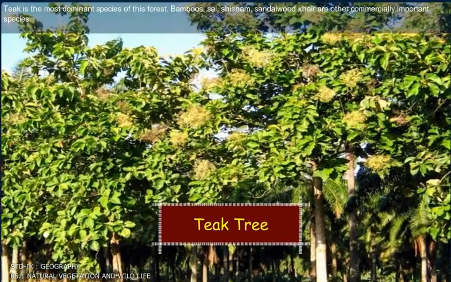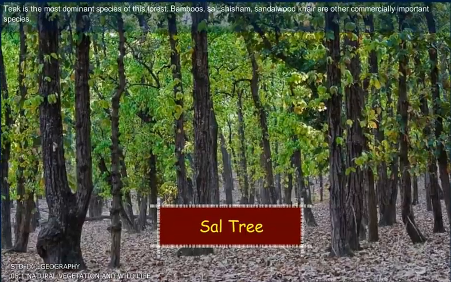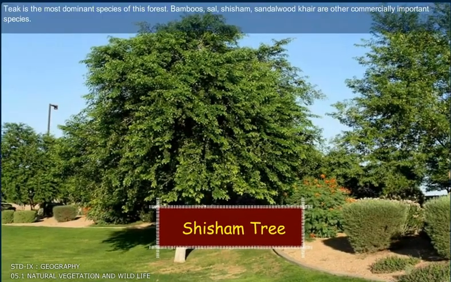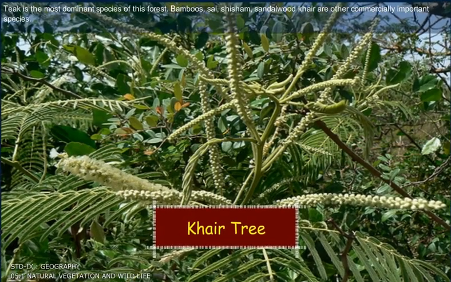Teak is the most dominant species of this forest. Bamboos, sal, shisham, sandalwood, kher are other commercially important species.